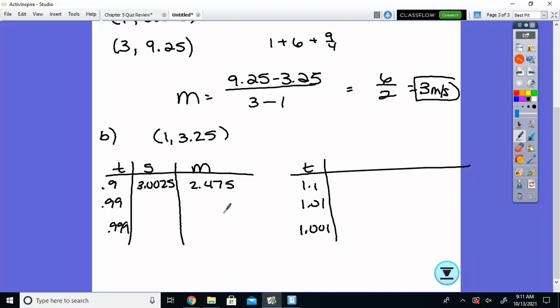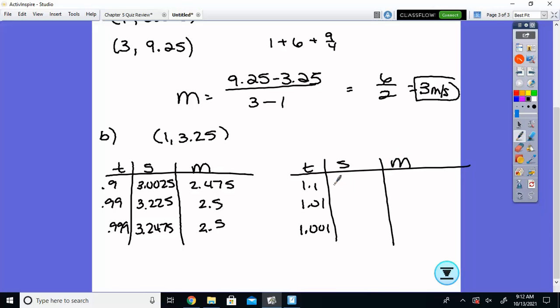And you get 2.475. Does everybody know where I got these numbers from? If you continue to plug in, you get 3.225, 3.2475, and these are turning into about a 2.5.